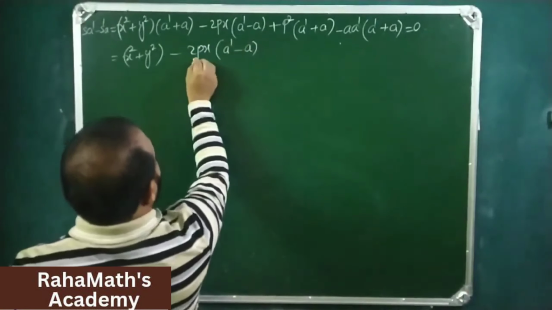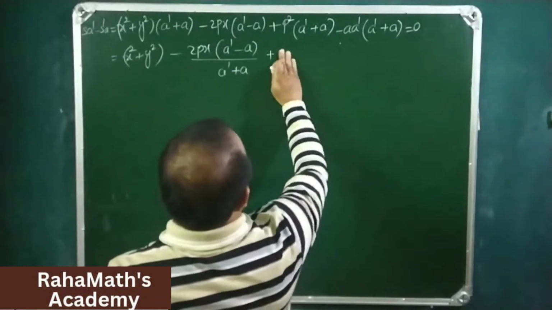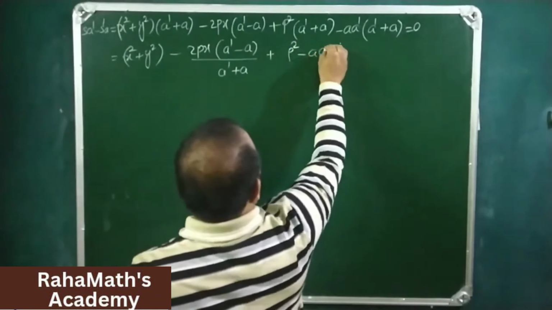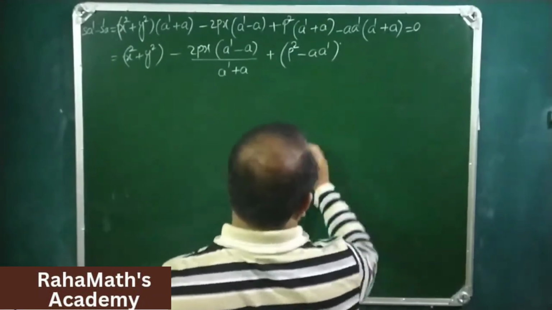a dash plus a is common in both of them. So a dash plus a, if I take common, this is p square minus a dash. I have taken a dash plus a, so if I divide, we are getting by a dash plus a equals to 0.